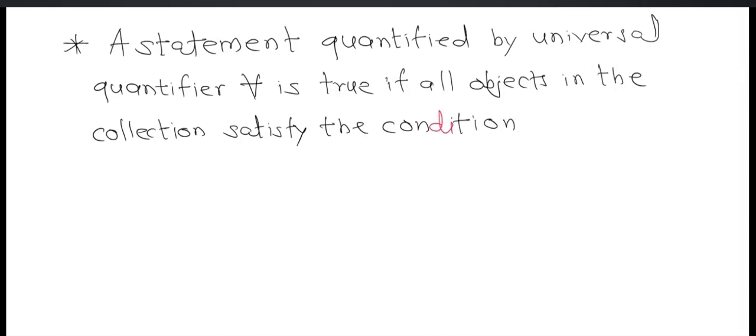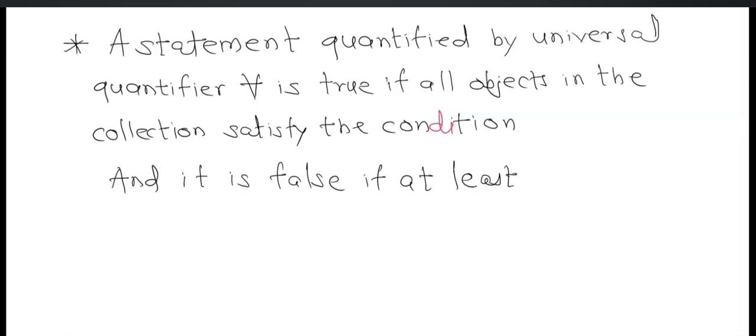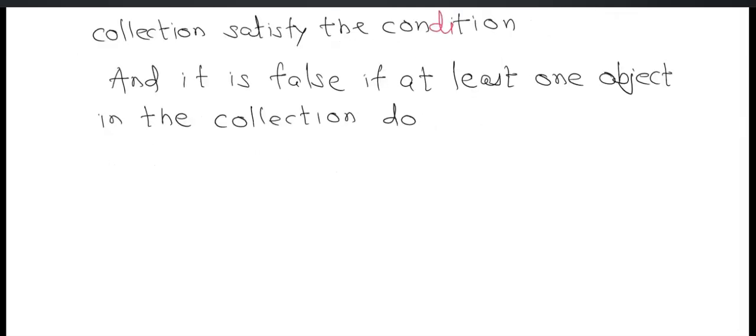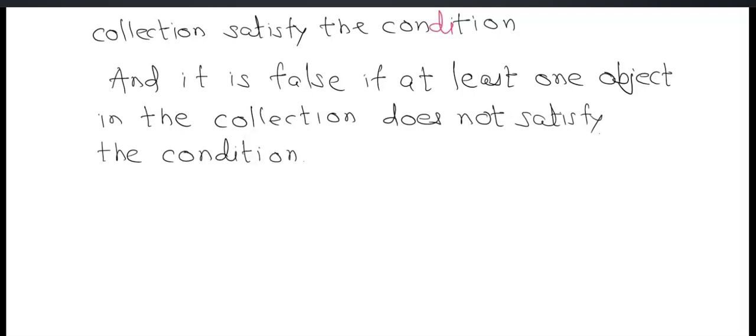That is, all natural numbers are positive. Every natural number satisfies the condition, and therefore its truth value is T. And it is false if at least a single object, that is, one object in the collection does not satisfy the condition.